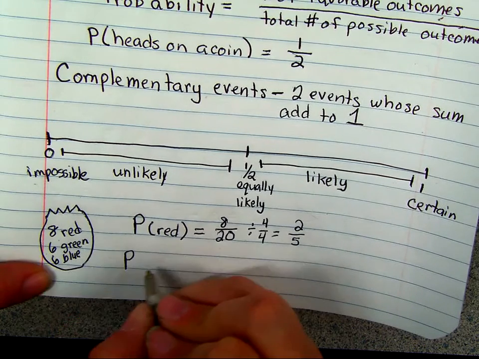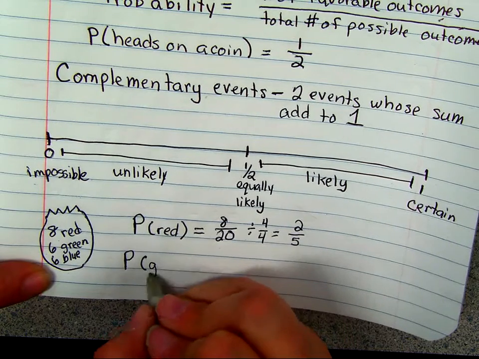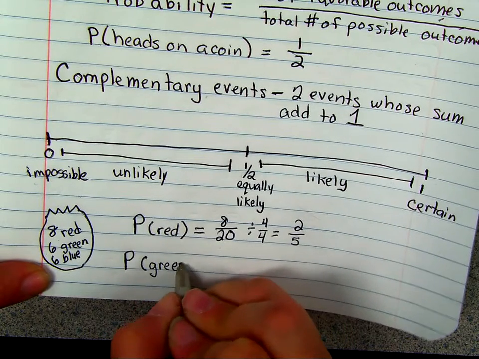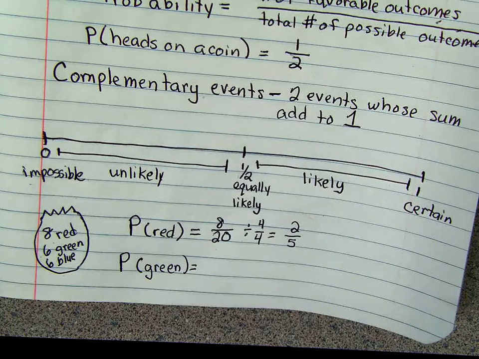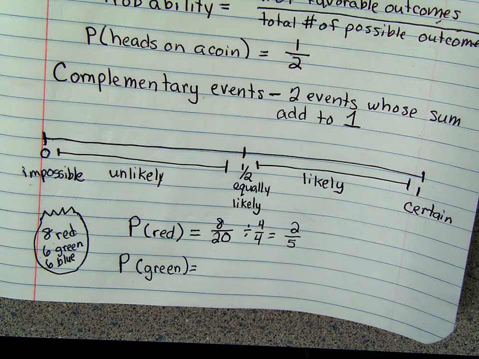What about, go ahead on your own and try to find the probability of green. When you've got the probability of green found, go ahead and raise your hand. It's the same thing.